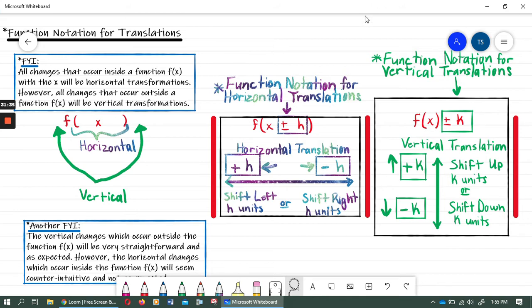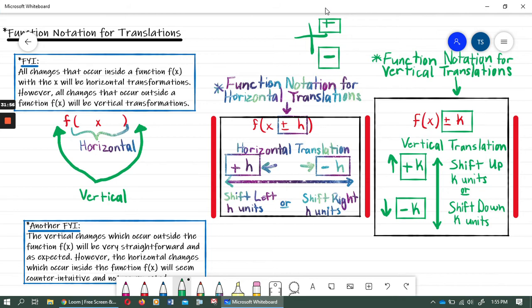Again, if you were on a coordinate plane, you would literally expect that the positive y values would be up, right? And you would expect your negative y values or output values to be down, right?